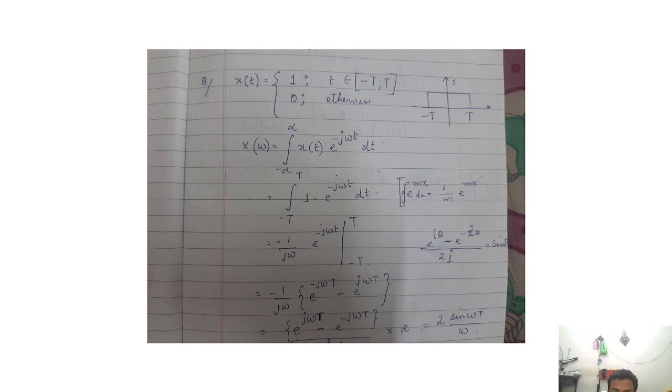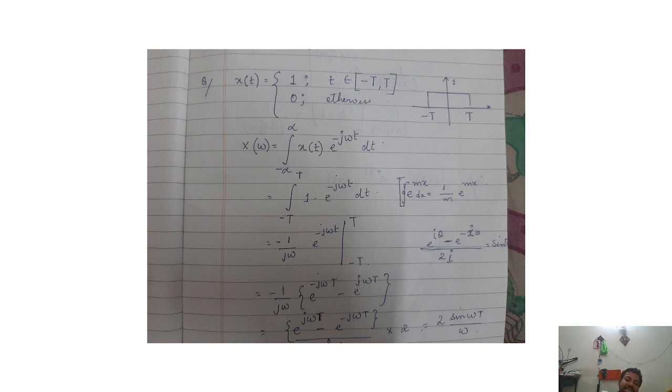What we have is e to the power of j omega T minus e to the power of minus j omega T divided by 2j, times 2 over omega, which can be written as 2 sine of omega T divided by omega. And what is this actually? This is a sinc function. We all know what a sinc function is. So it is seen that the Fourier transform of a rectangular pulse is actually a sinc function.